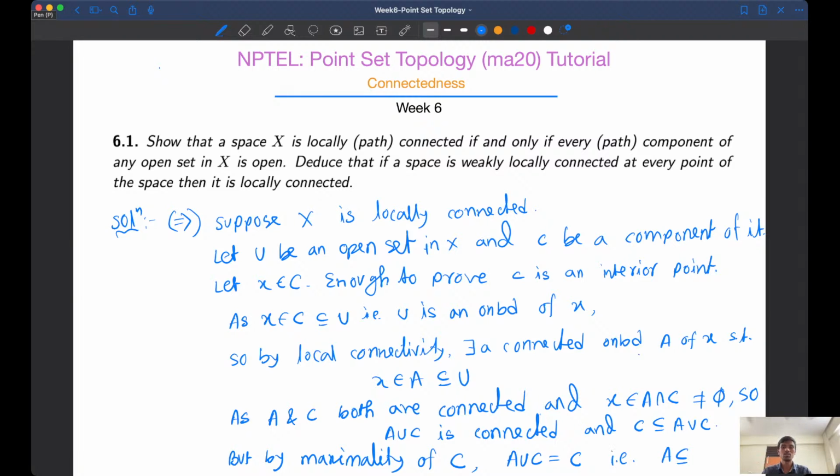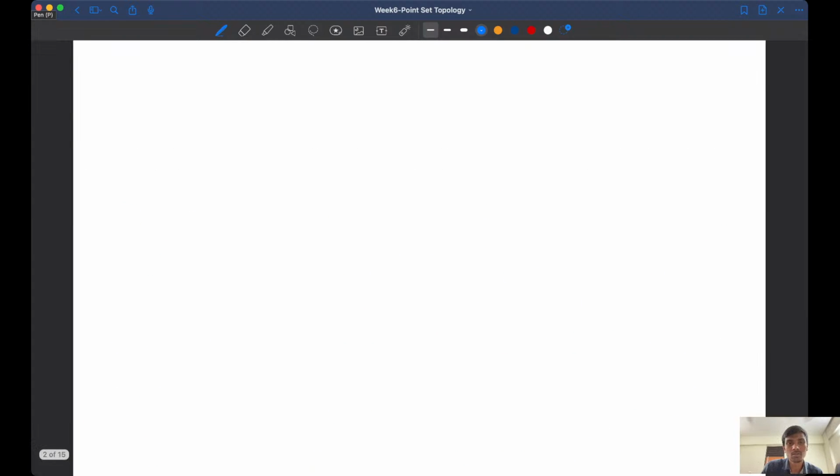A union C, so A must be a subset of C. So A is an open set that lies... I took X as an arbitrary point and I showed that C contained an open neighborhood around that point which lies wholly inside C. So X is an interior point.